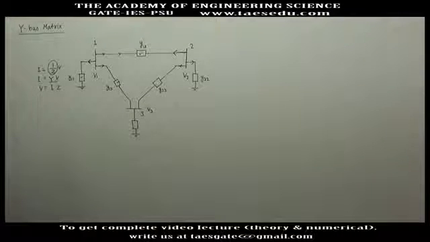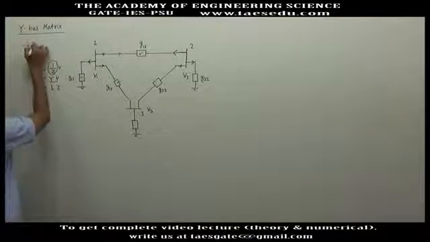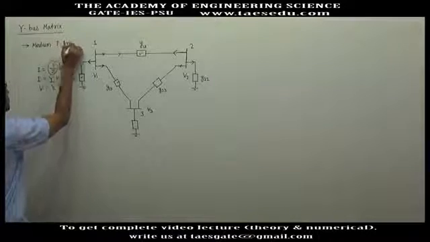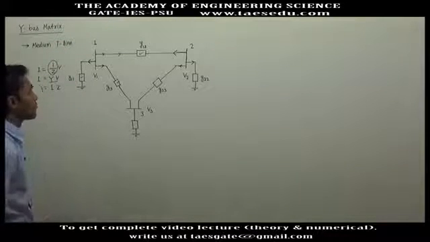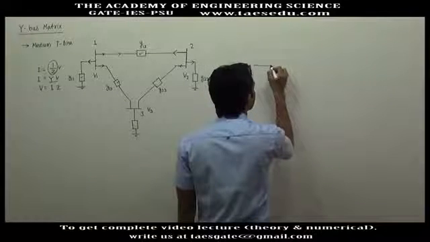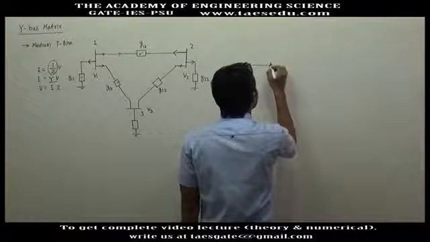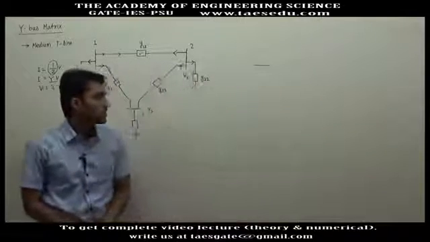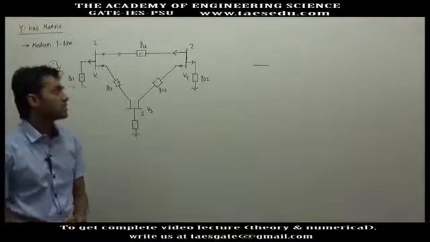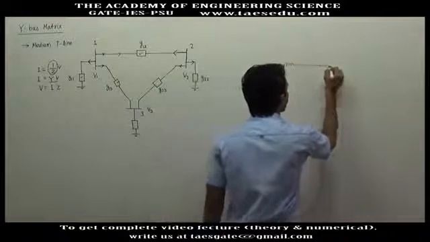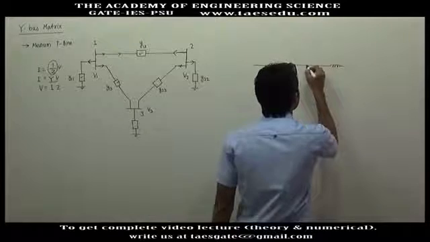What will happen for a medium transmission line? We talk about the medium transmission line. There are two models. In one model, the total series impedance is divided into two parts and connected at the extreme ends of the transmission line.